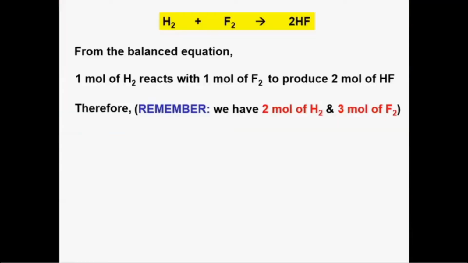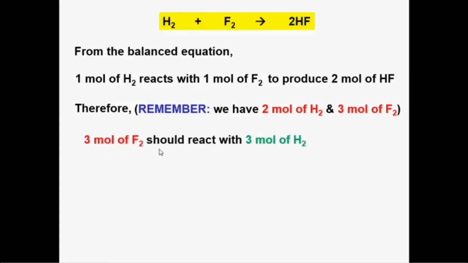If you don't want to write it this way, there is another option. Just now we started with hydrogen gas, so why not start with fluorine? Let's say we have 3 moles of fluorine.